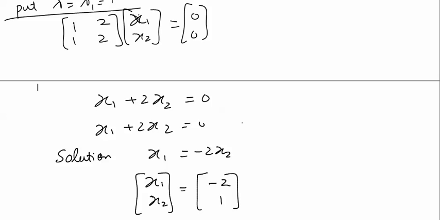Is it available in the options? No, we don't have this in the options. Is it? Yes, it is. See, it is not necessary that x1 x2 is minus 2, 1.